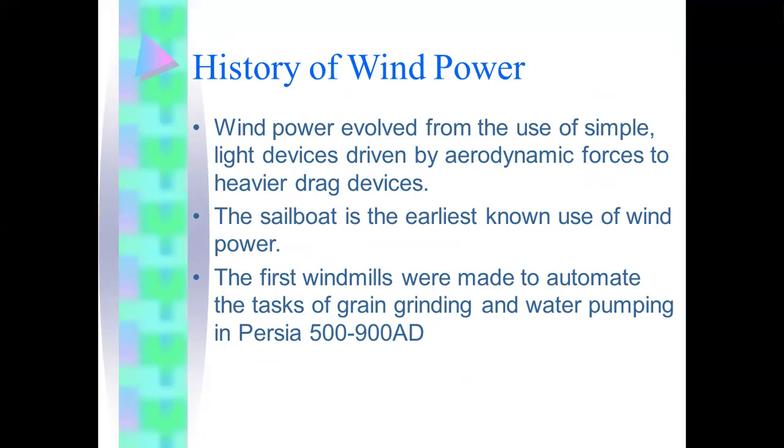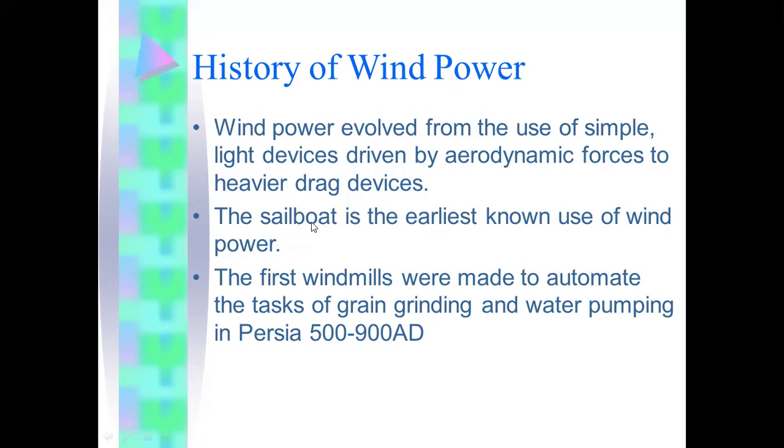History of wind power. Wind power has been used since ancient times. Wind power evolved from the use of simple light devices driven by aerodynamic forces to heavier drag devices. The sailboat is the earliest known use of wind power.